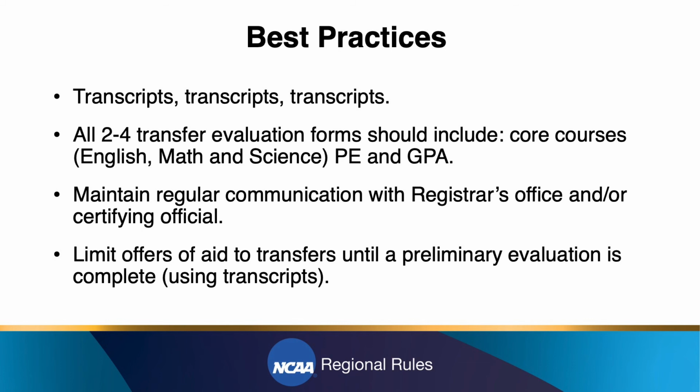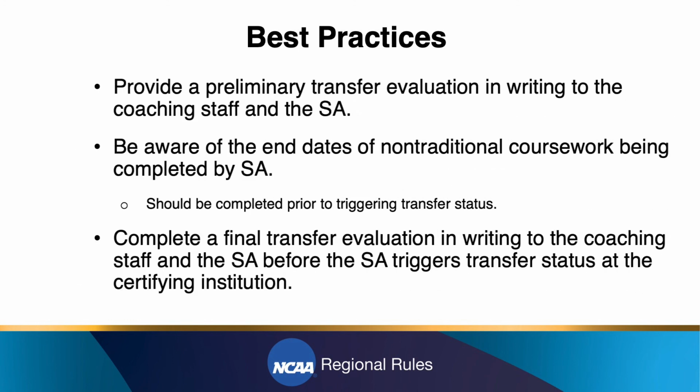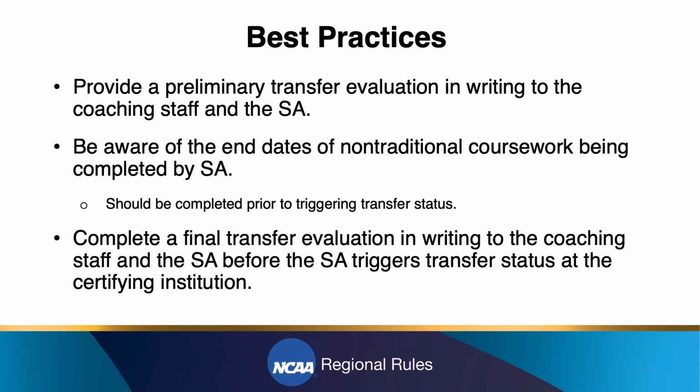It's recommended to maintain regular communication with the registrar's office and/or the certifying official at your institution, and limit any offers of aid to transfer student athletes until a preliminary evaluation is complete, again, utilizing official transcripts preferably. Provide preliminary transfer evaluations in writing to the coaching staff and student athlete, and keep this information documented throughout the process.